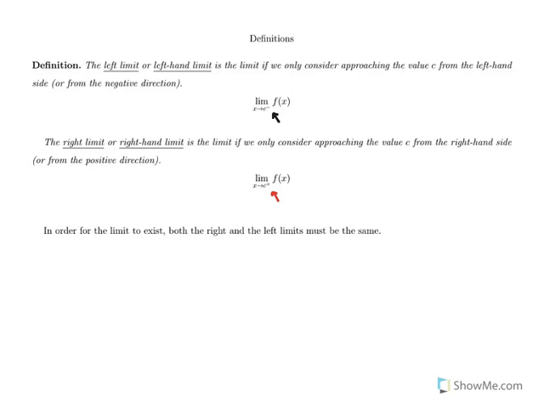So what's going on here graphically, if we think about some value c, and we have some function, the left-hand limit is just coming from the left-hand side, or from the negative direction, from values smaller than that value c.